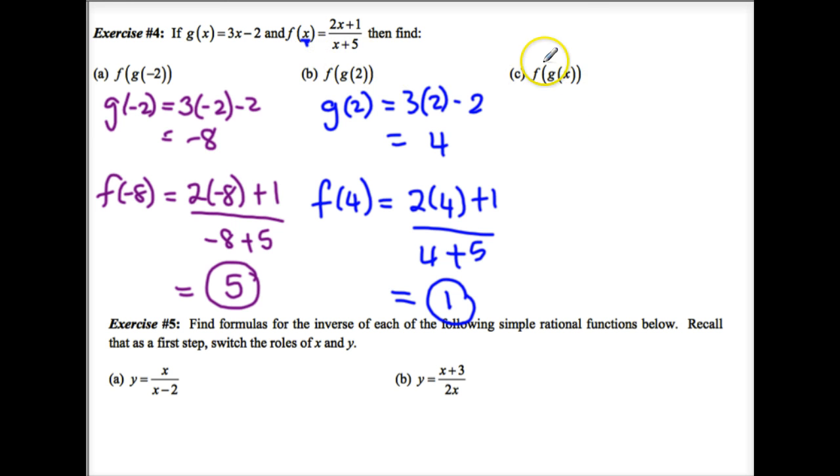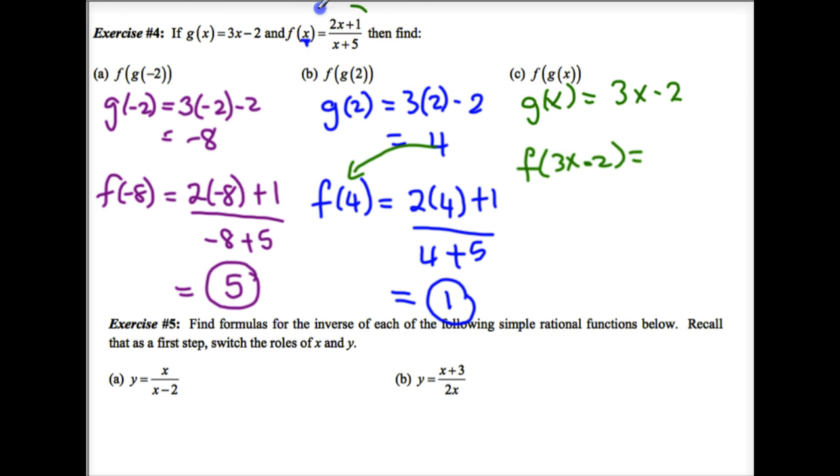Now this one was the hardest one that we had to do. Find f of g of x. So first, we do the inside. g of x is actually 3x minus 2. So now, I want to find f of 3x minus 2. So in the previous example, we bring the 4 down, and then we substitute in that function. Now the same thing is going to happen here.